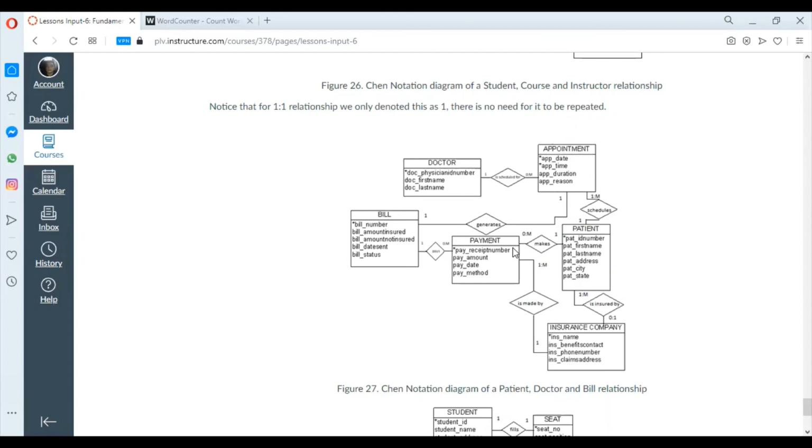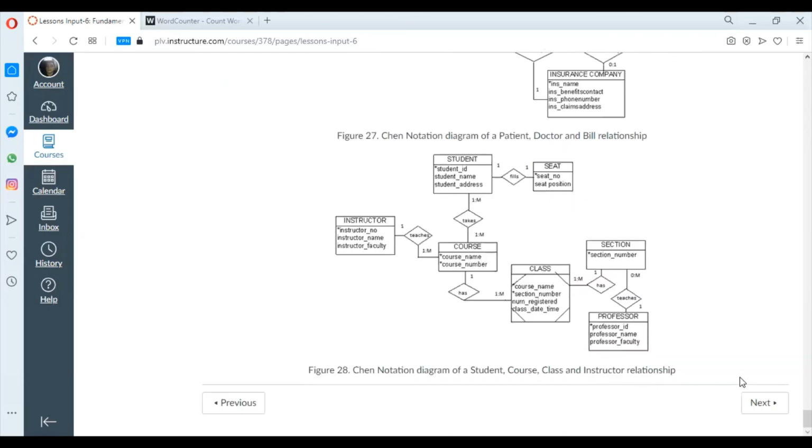And zero or many payment is made by one patient. One or many payment is made by one insurance company, and one or many patient is insured by zero or one insurance company. Now this is for the class example.